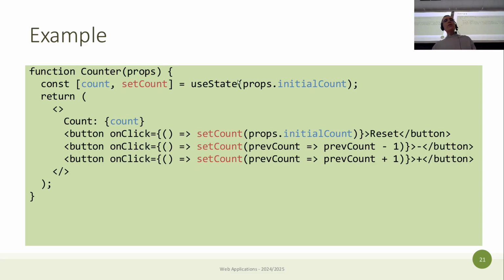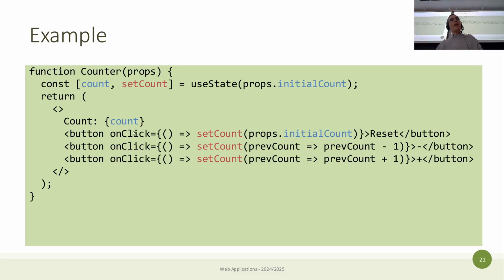So example, a counter. We have a counter, and this is exactly this example. Initial count taken as a props. That's perfectly fine, but just beware that if at a certain point you change the value of the props when the application is running, nothing happens in the state because it's just used once in the beginning.